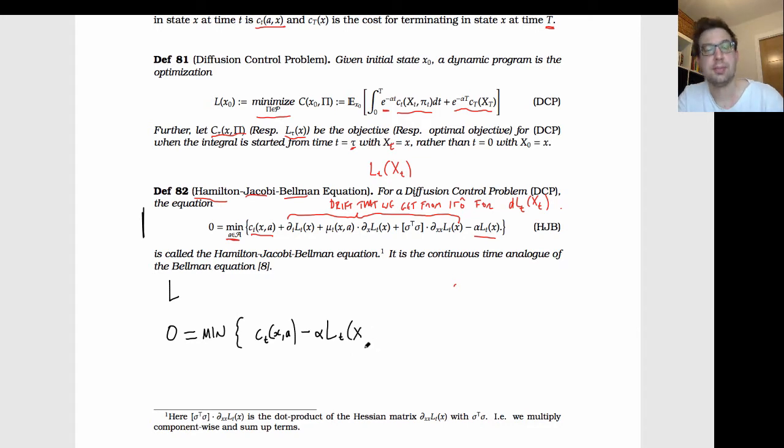Then we look at our function, if it's L(x), or L_t(x), whatever it is.